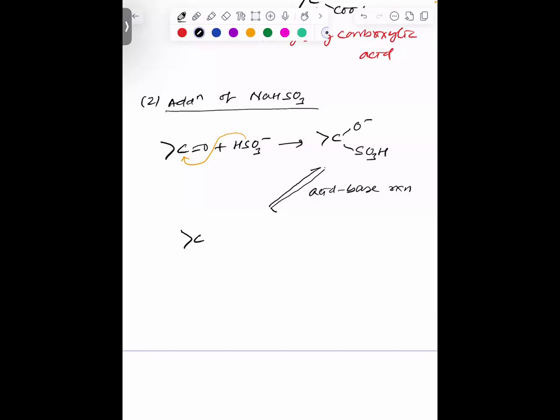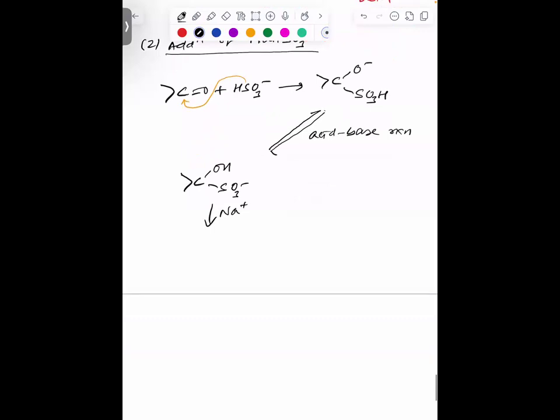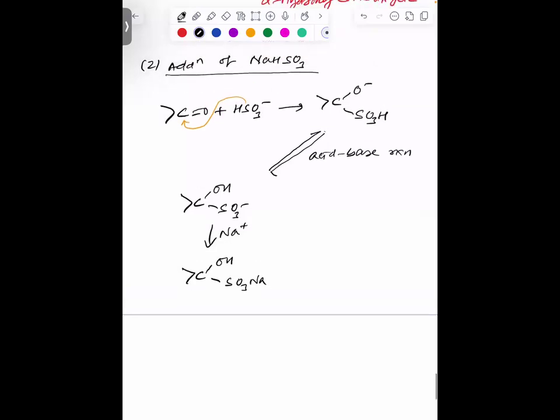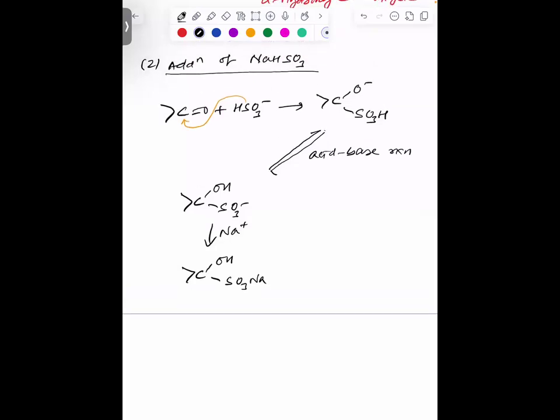So the next step is the acid base reaction, giving SO3 minus in the presence of Na plus, that is SO3Na. If you find this step difficult to understand, note it down. It is the concept of conjugate acid base. The same concept is also used in the haloform reaction and the Cannizzaro reaction. Okay, so quickly note it down. Then the next reaction is addition of alcohol.